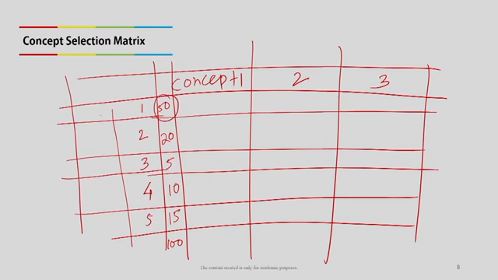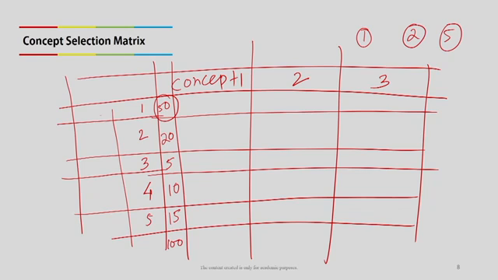Now, for concept 1, 2 and 3, you also have to rank. For example, 1 is bad, 2 is moderate and 5 is a good product.